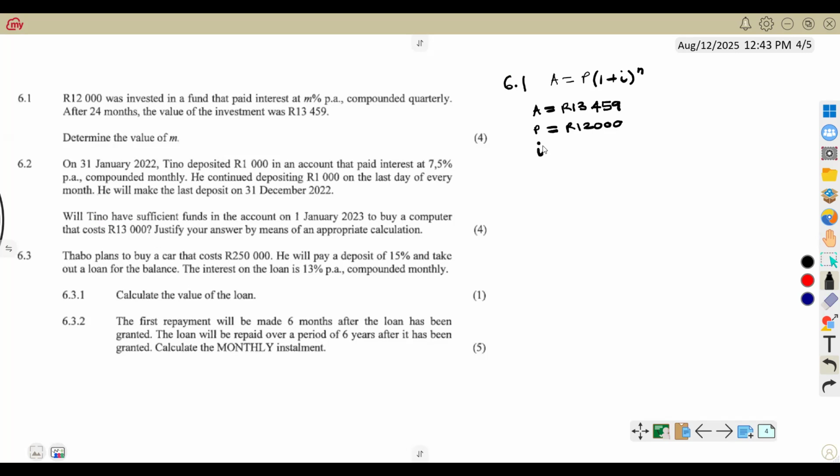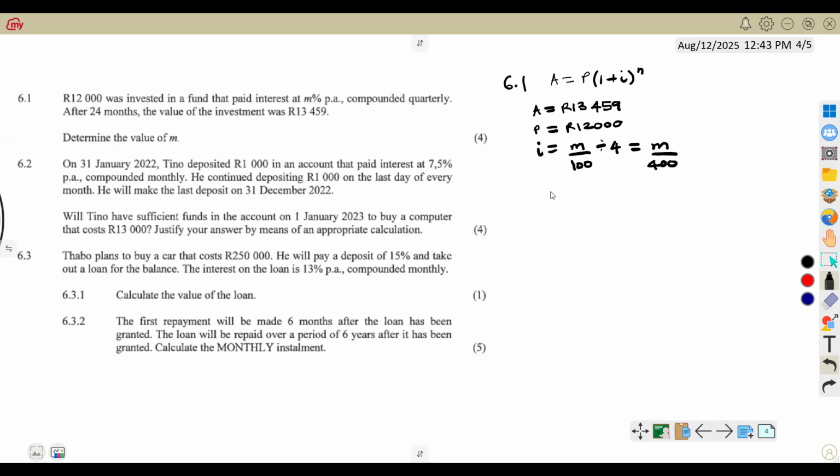Then the i, you are told the rate is m%. So m% means m divided by 100. It's compounded quarterly, so it's divided by 4, which means this is equal to m divided by 400.